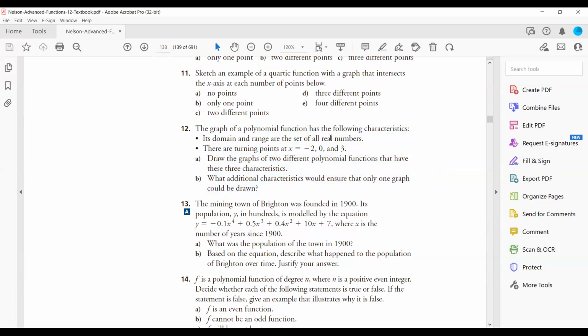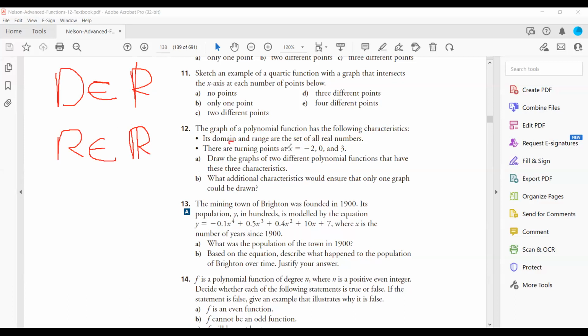The graph of a polynomial function has the following characteristics. Its domain and range are the set of all real numbers. So let's write it down: domain is R, range is R, because the domain and range are the set of all real numbers.